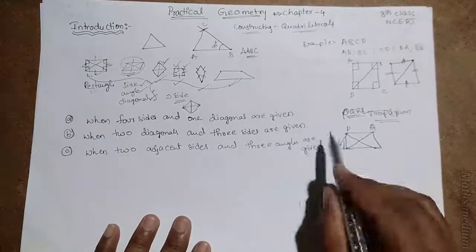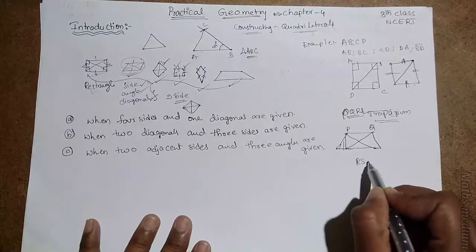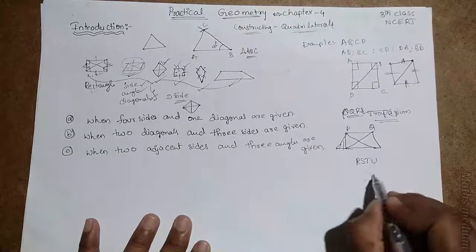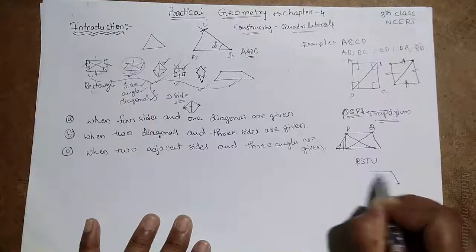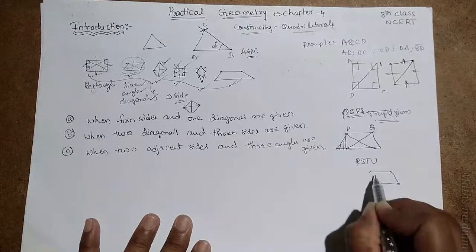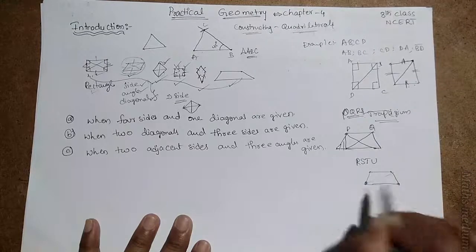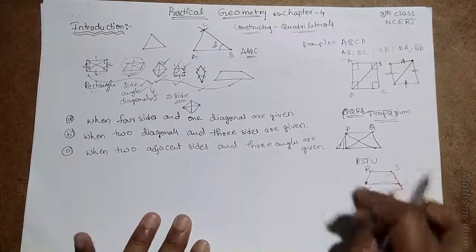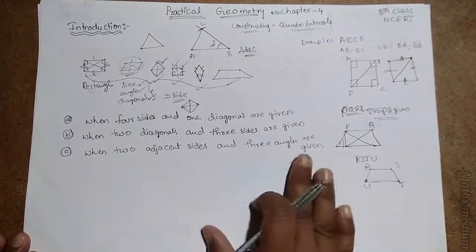Take another parallelogram. Let it be RSTU. So here construct with the 2 adjacent sides and make 3 angles from here and here. Make like this, and another angle also from here. So here we get a point. So this is RSTU. This is the one type of construction with the 2 adjacent sides and 3 angles are given.